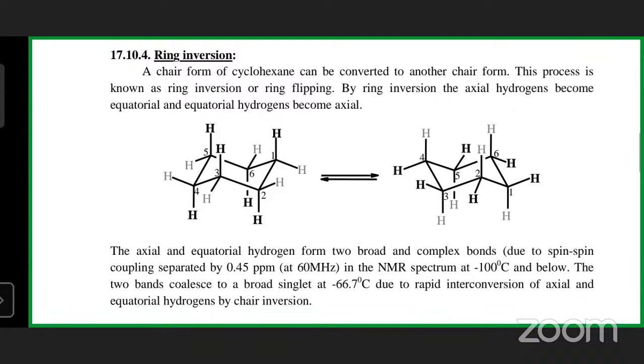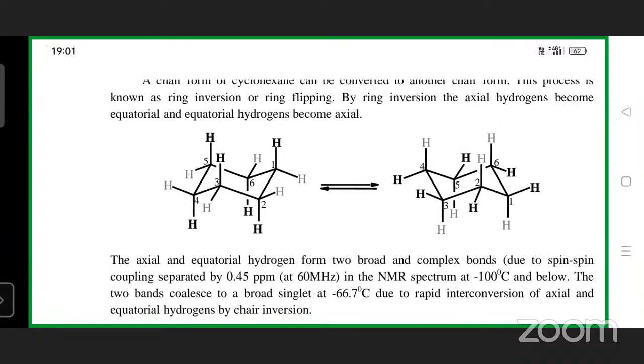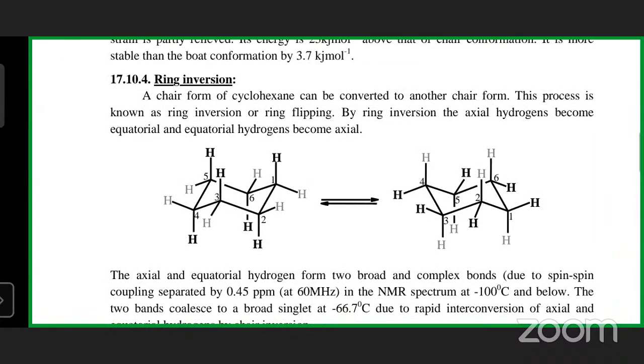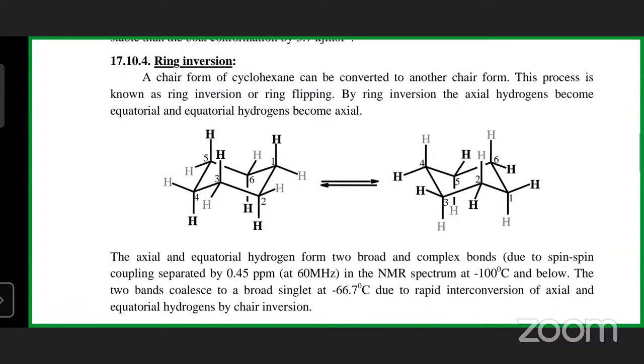With the change in orientation of the bonds, the axial and equatorial hydrogens appear at different chemical shift values in the NMR spectrum.